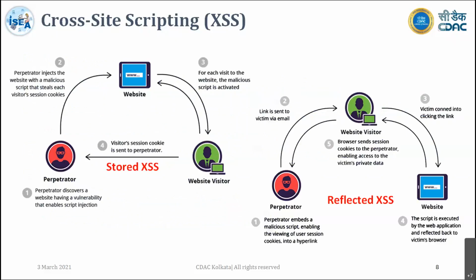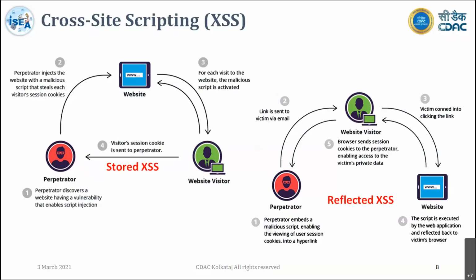Now, there are essentially two types of cross-site scripting which you come across. One is stored cross-site scripting, and another one is reflected. If we try to understand it colloquially, stored is generally for one-time use kind of a thing, and reflected is for multiple use of an attack.